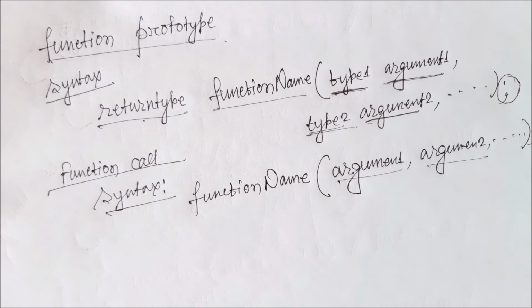What does a function mean? A function means a block of statements that performs a specific task. So here the definition contains the block of code to perform the specific task.